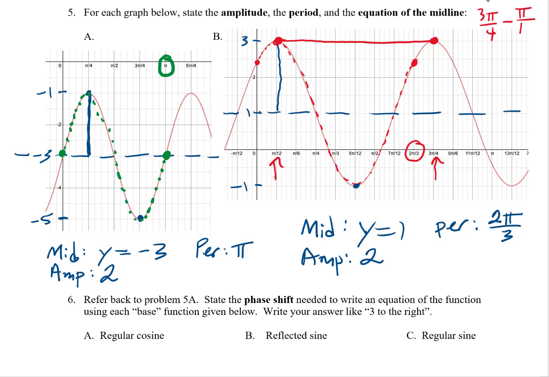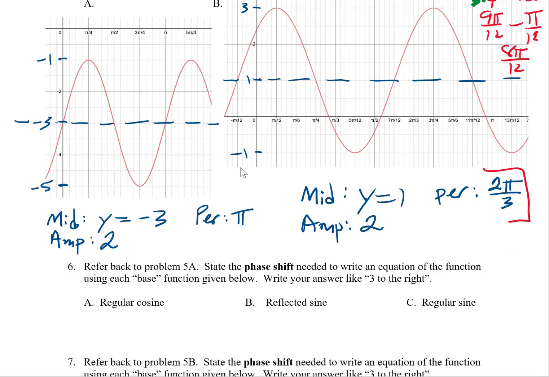If you just subtract these two numbers, you should get the period. The common denominator would be 12, so I'd have to change this to have a 12 on the bottom. That's going to give me 9 pi over 12 minus 1 pi over 12, which is 8 pi over 12. And if you reduce 8 pi over 12, you've got a common factor of 4 in each of those. You get 2 pi over 3. That's another way we could have obtained it.